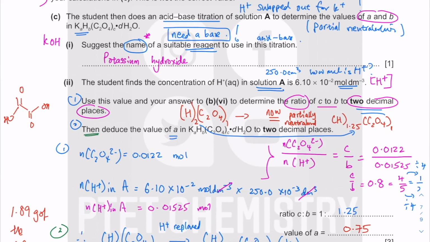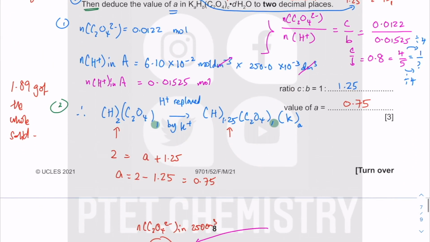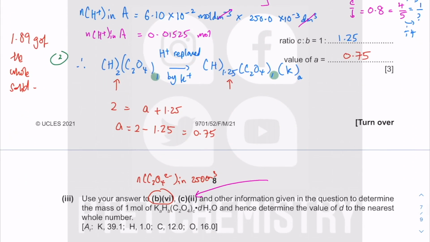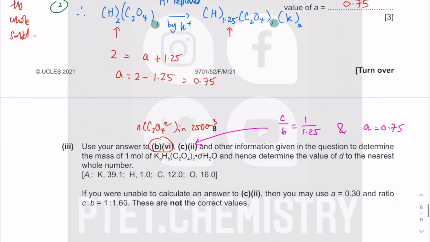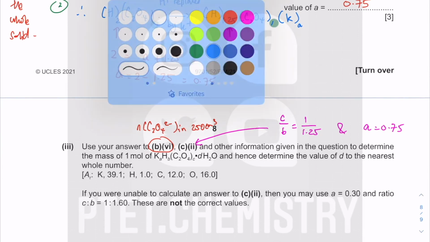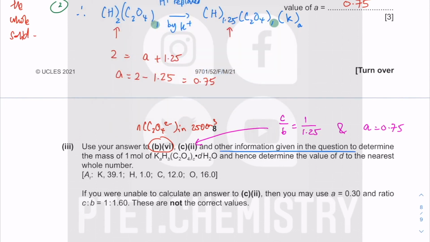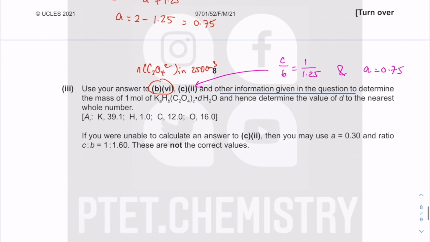C part 2 has a lot of things. C over B is 1:1.25, and A equal to 0.75. And other information given in the question to determine the mass of 1 mole of it.